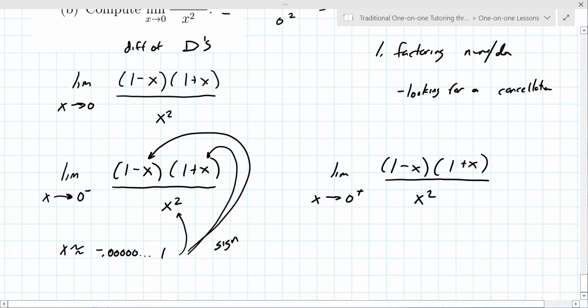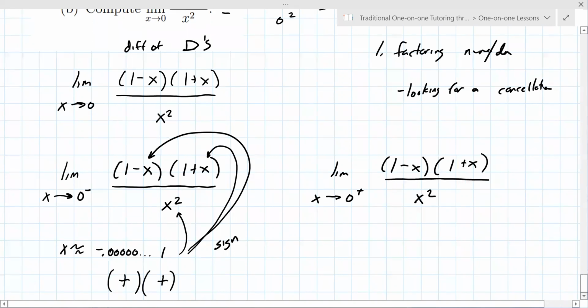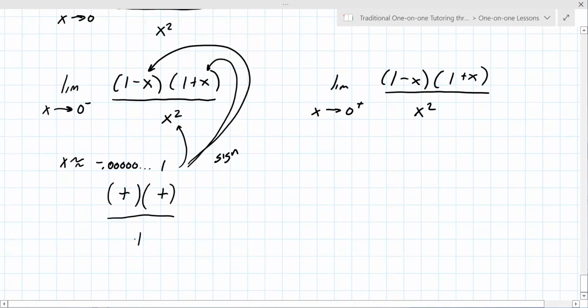Notice the number is negative. 1 minus a negative number becomes a positive, so 1 minus x is effectively positive. 1 plus a negative number like this is also positive. So you have a positive times a positive. Then on the bottom, when you square a negative, it is also positive. This is showing your work, but the result is that this goes to positive infinity from the left.